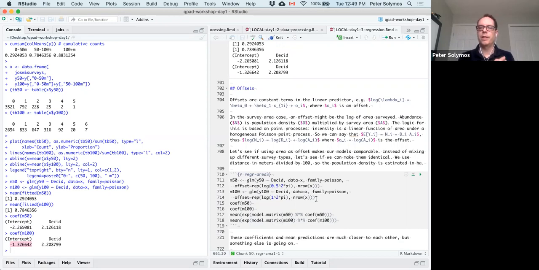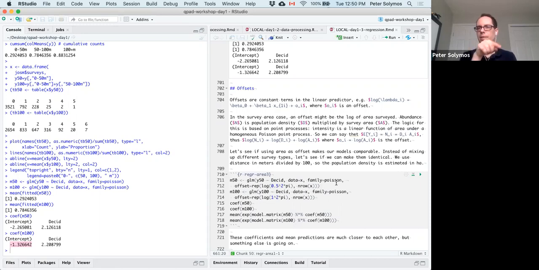The only concept we need to cover today is an offset. What does it mean to have an offset in our models? It means that you have a known component. By known, I mean you know its value, and you assume that the coefficient for it is 1.